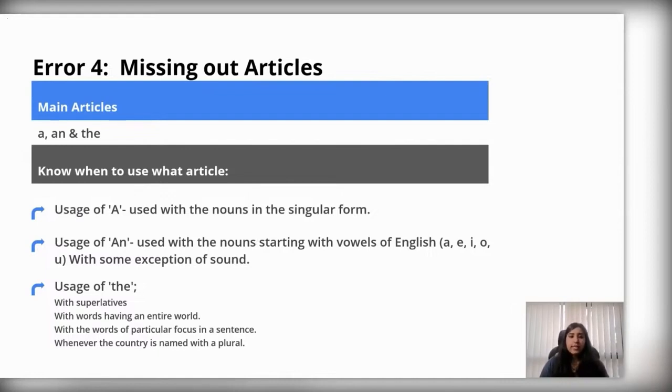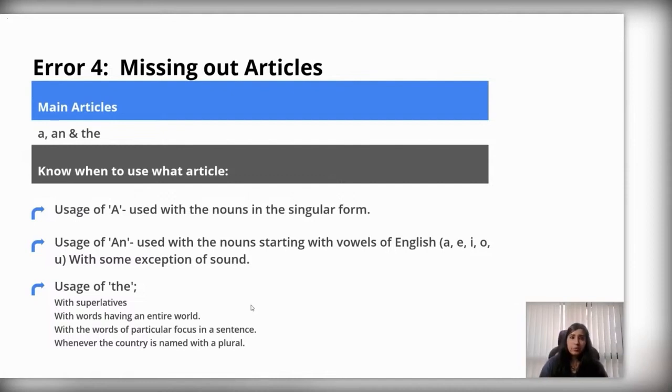So first of all, for example, if you're talking about the usage of a, you use it with nouns in the singular form. So a ball, a car, a plane, etc. Easy examples. Now, when you use an, it's used with nouns starting with the vowels of English. Again, you all know this: A, E, I, O, U, and then with some exceptions of sound.